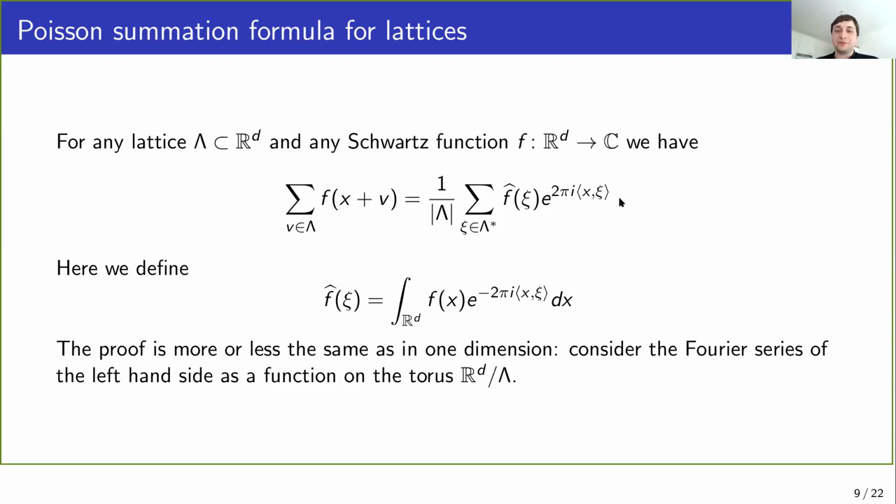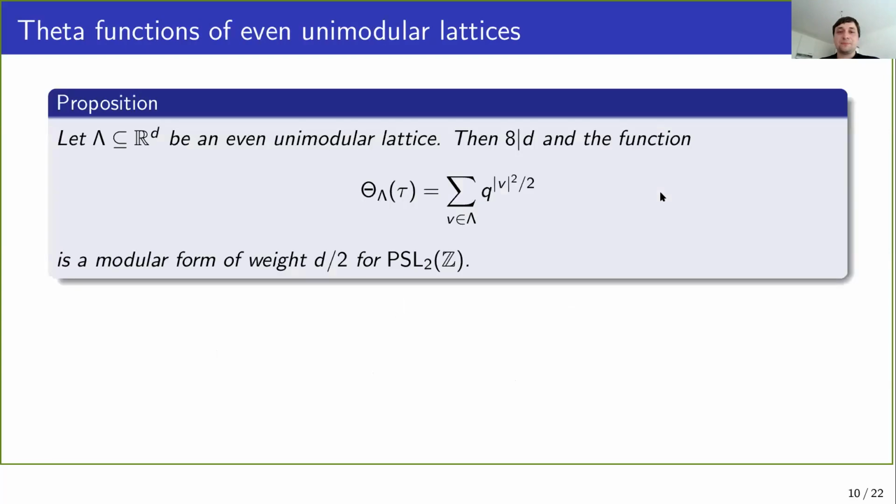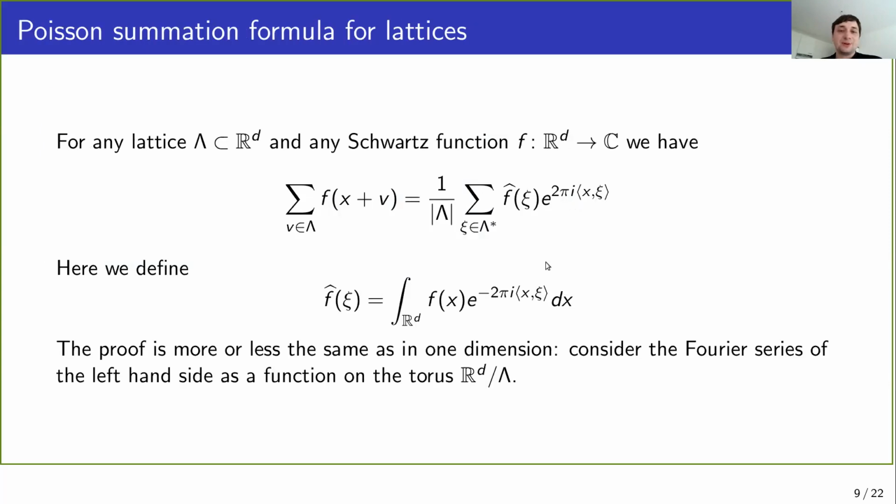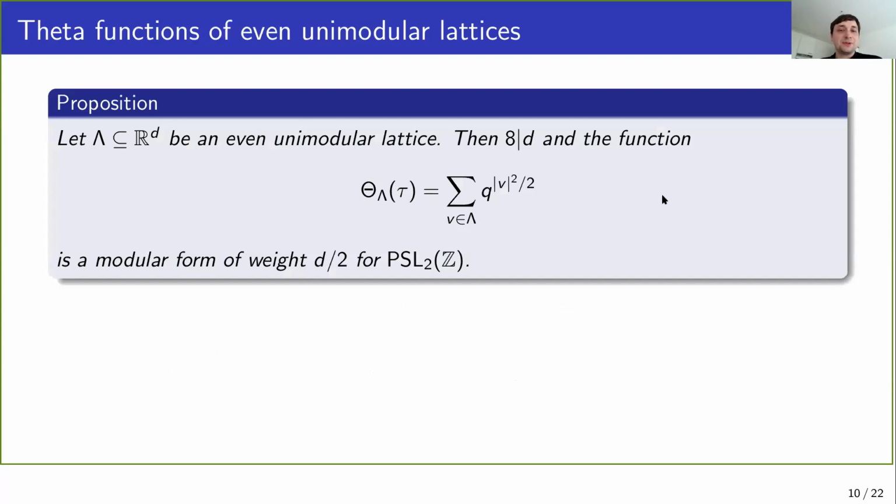Okay. So what we can do now is, having easily proved the transformation law for the Jacobi theta function in one dimension, let's try to do the same thing with a lattice. Let's say we have an even unimodular lattice. I'll explain later why we do it. The claim is, first of all, we'll prove two facts at the same time. First, that the dimension has to be divisible by 8.